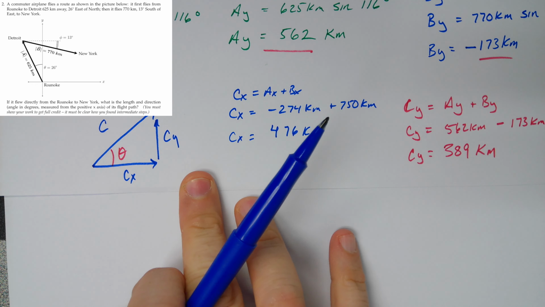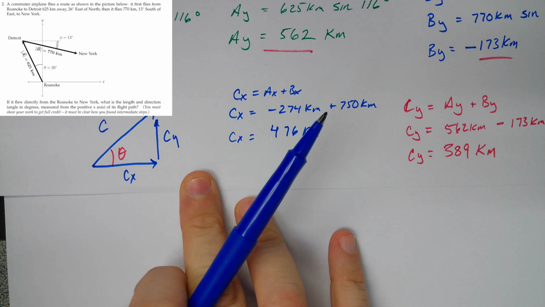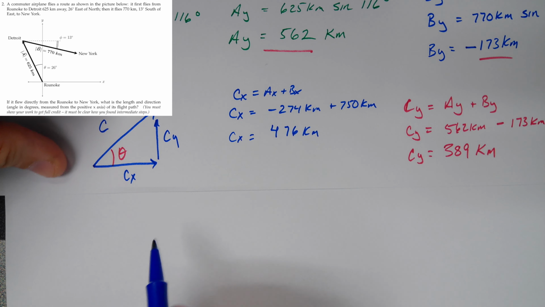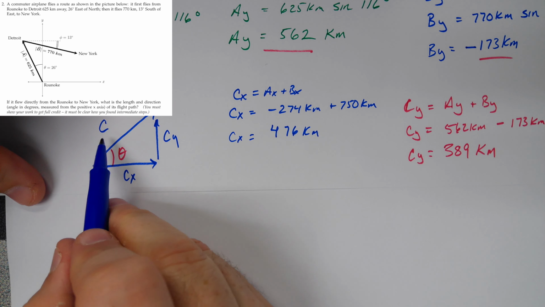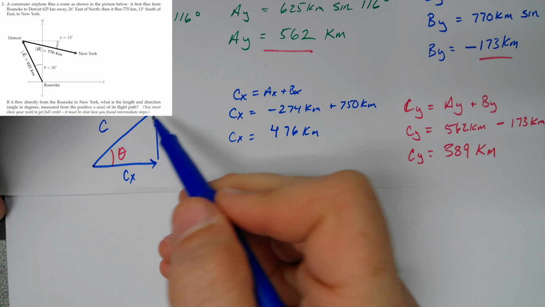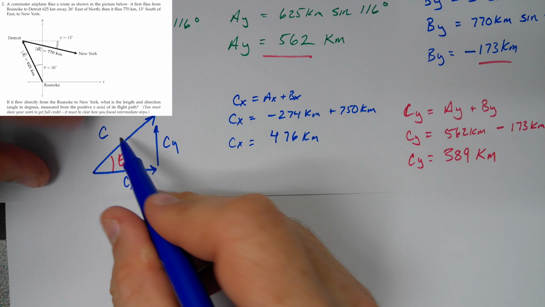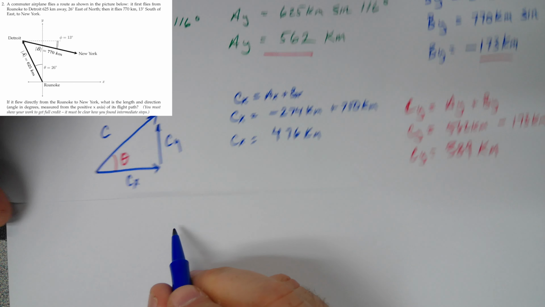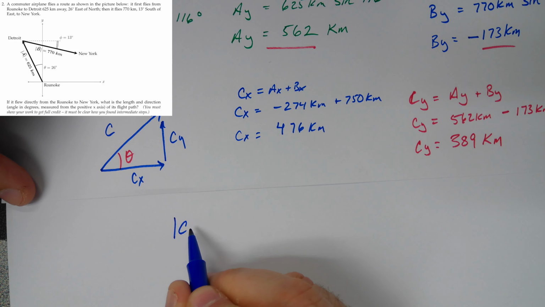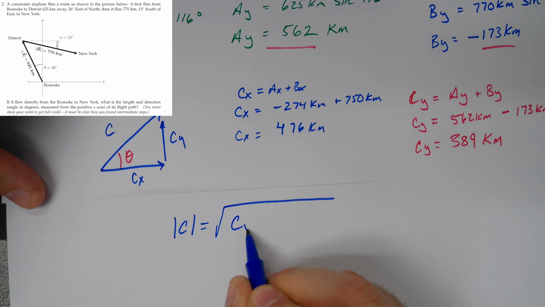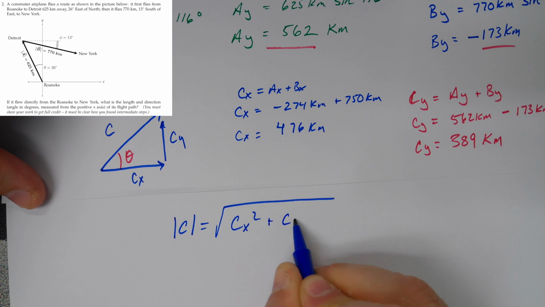We want to know how far the return path would be, the direct flight path. So the length of this hypotenuse here. We have two sides, a squared and b squared, that's going to be c squared. So the length of c is going to be the square root of cx squared plus cy squared.